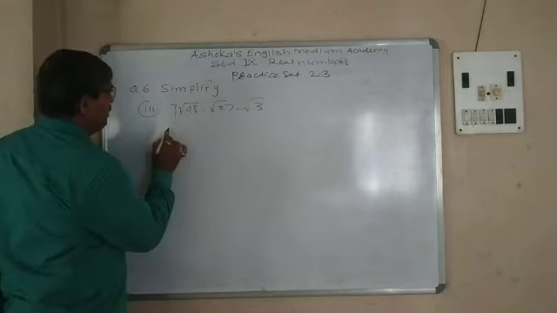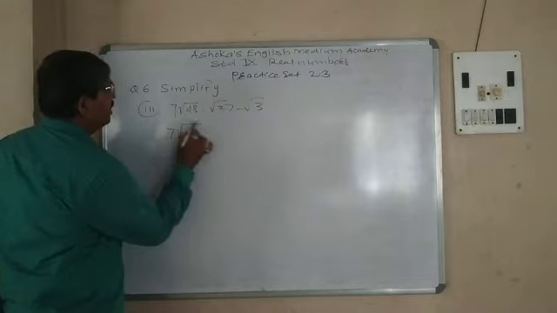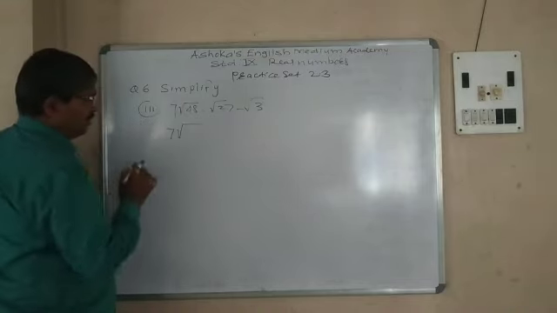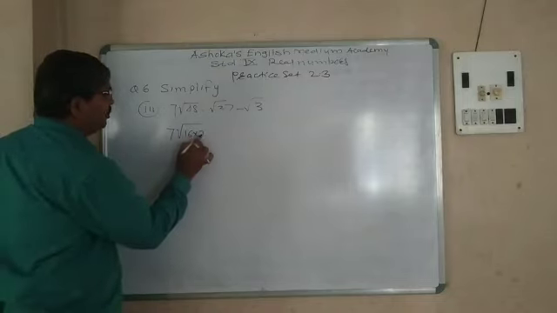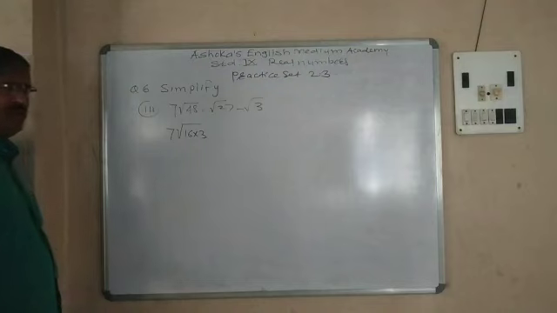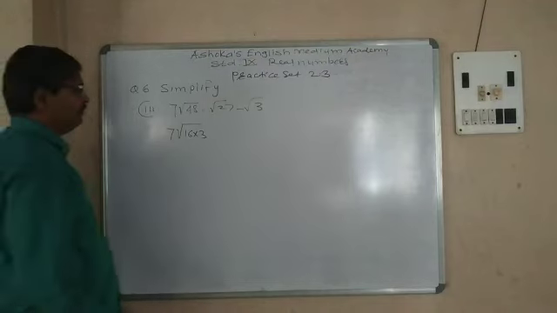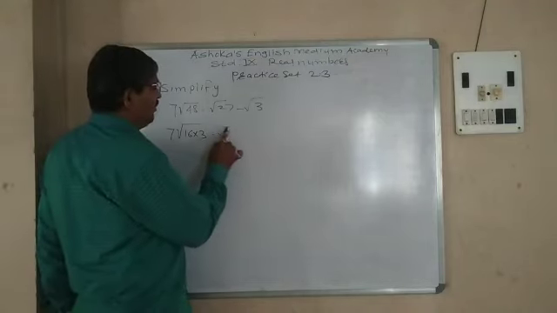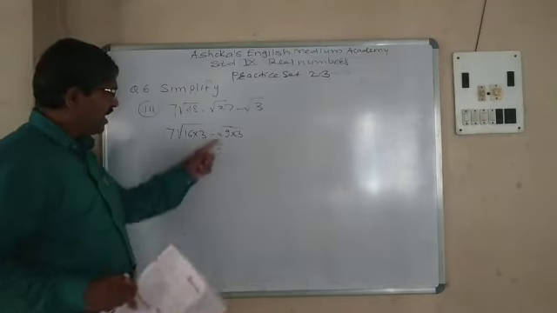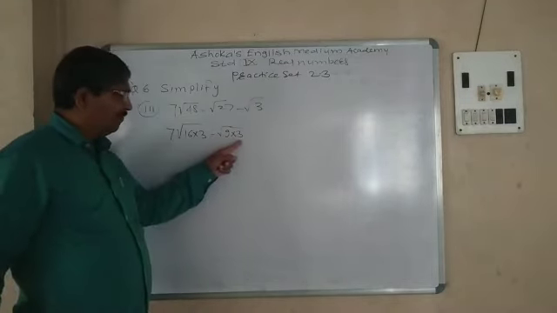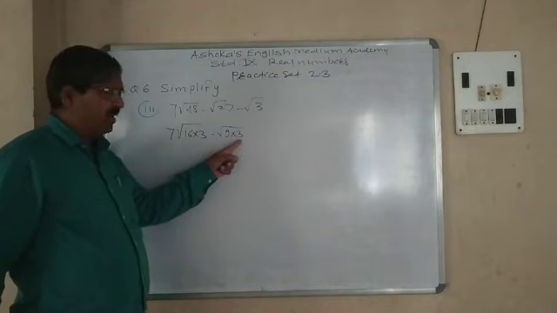What will you do here? Under root 48 means 16 into 3. How is 48 split? 16 3s are 48. And minus root 27 means 9 into 3. Why? Because 9 is the biggest square number and 3 is an imperfect square number.